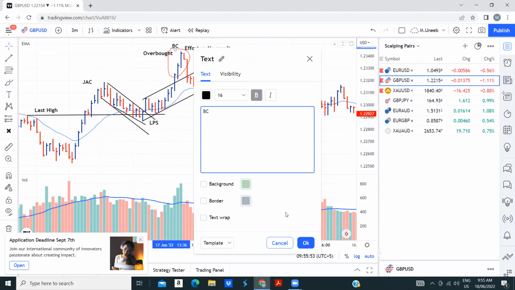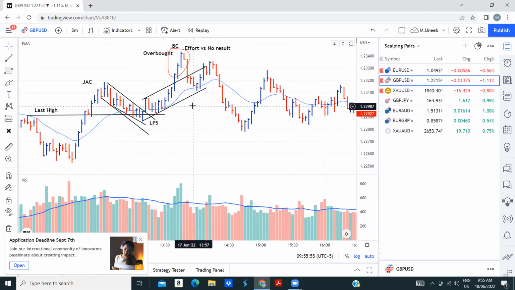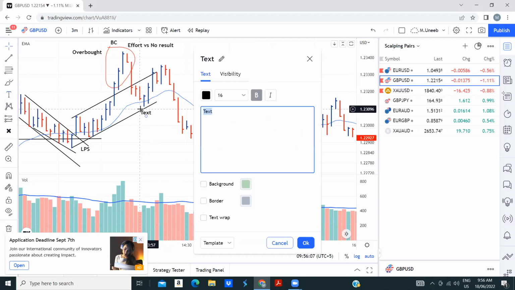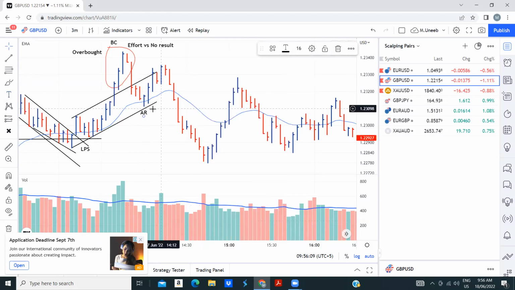So this qualifies everything as this one. So this must be AR, right? AR. Now, if you compare the whole move here to the downside, this is AR. Okay. And this one is what? ST. Secondary test.